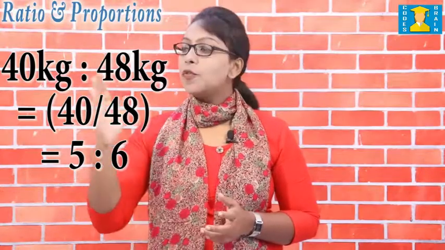Then it will be 5:6. So 25 is to 30 equal to 40 is to 48. Therefore the ratios 25 gram is to 30 gram and 40 kilogram is to 48 kilogram are in proportion. That is 25 is to 30 :: 40 is to 48. The middle terms in this are 30 and 40 and the extreme terms are 25 and 48.